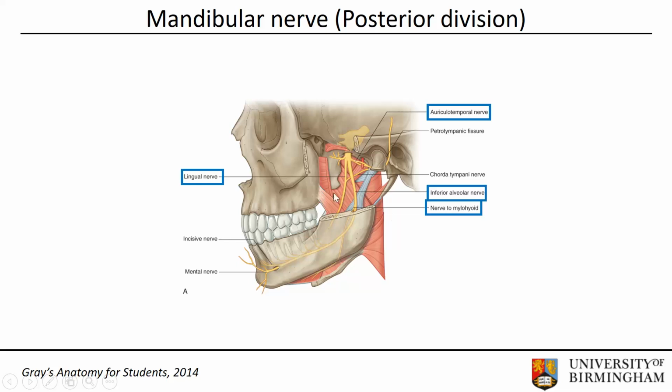The mandible has been resected there, so please have a look and try to find the branches of the mandibular nerve. You will always find the lingual nerve anterior to the inferior alveolar nerve. Then this inferior alveolar nerve enters the mandibular canal at the level of the lingula and runs within the mandible, giving off its terminal branch, which is the mental nerve.